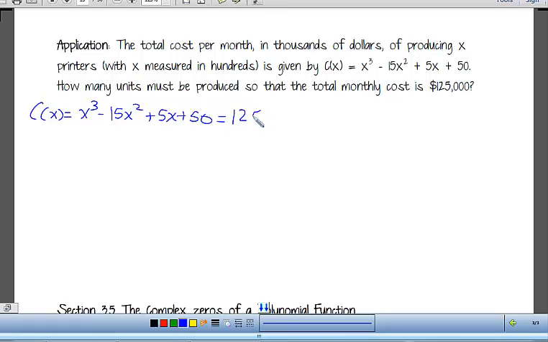So we want to know when the cost is equal to 125,000, or that's the same thing as saying x cubed minus 15x squared plus 5x, if we subtract 50, we get minus 124,950 equals 0.